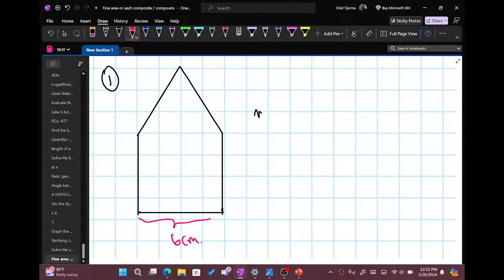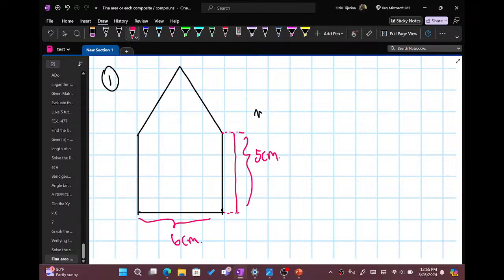And then this side length here is 5 centimeters, right?